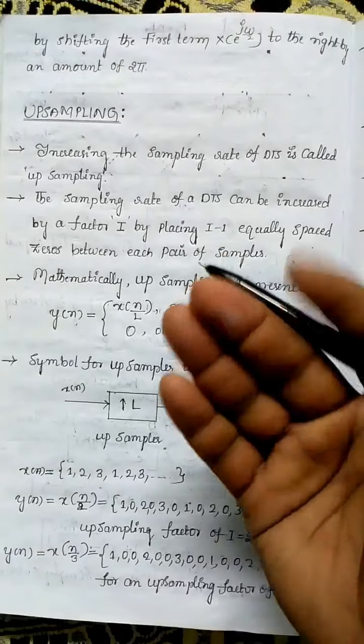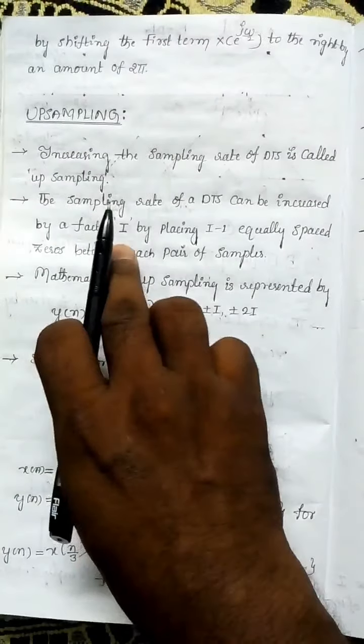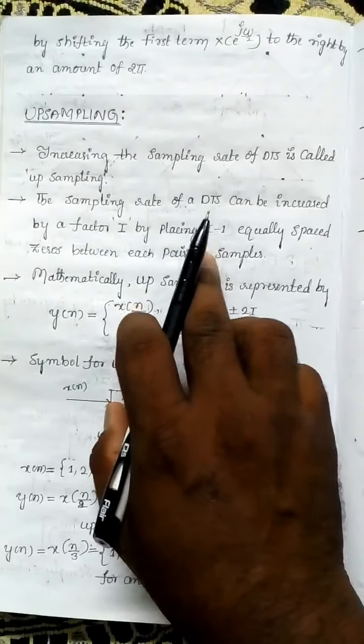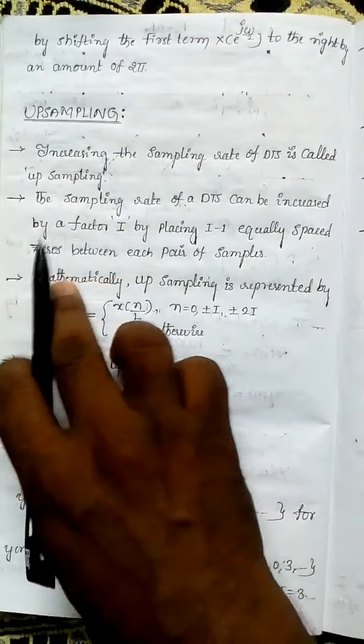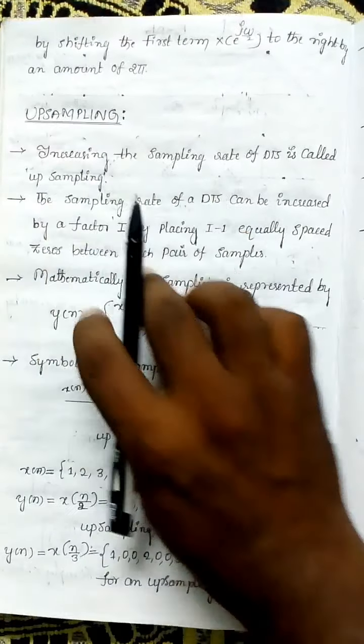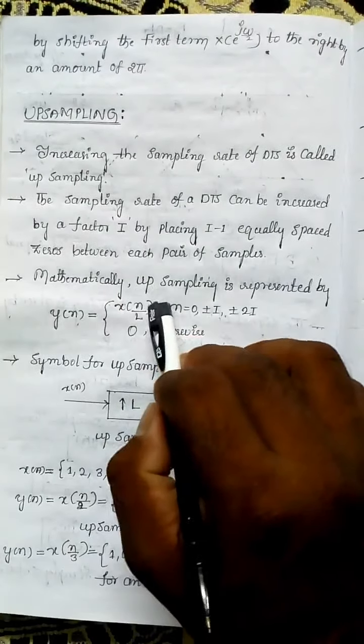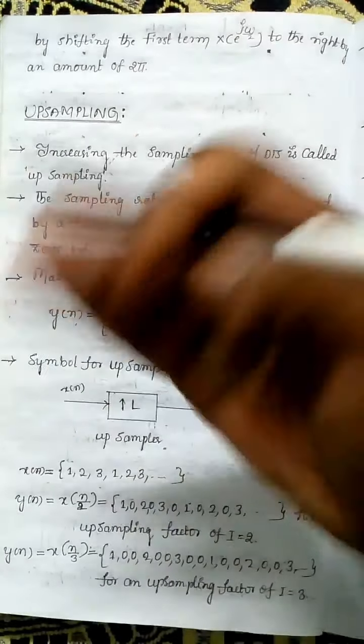The sampling rate of discrete time signals can be increased by a factor L by placing L minus 1 equally spaced zeros between each pair of samples, whereas downsampling means decreasing the samples. Here we are increasing the samples.